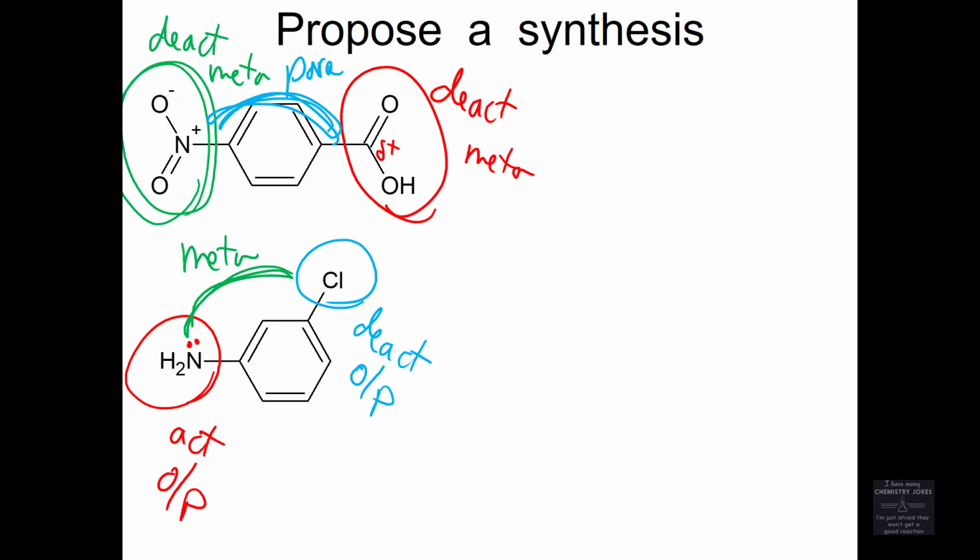We got a problem here. In both of these syntheses, our groups are not where we need them to be. So then I ask, could either of these groups have used to have been a para director? Could either of these groups have used to have been a meta director?